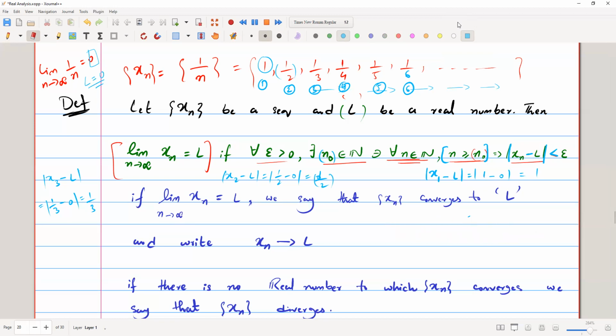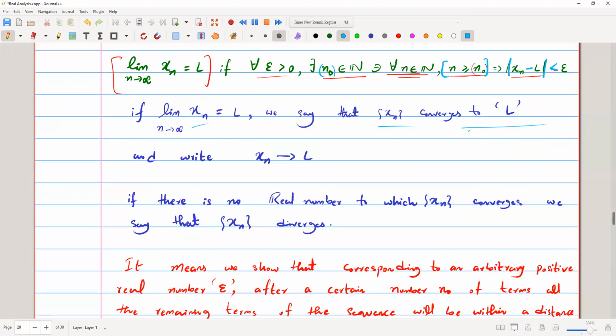So the intuition behind this definition is that we are checking the distances: the bigger and bigger we go, the smaller and smaller the distances to the limit point, which we are calling L here. Now, if the limit as n tends to infinity of xn equals L, we say that xn converges to L. We call it convergence of a limit of a sequence.